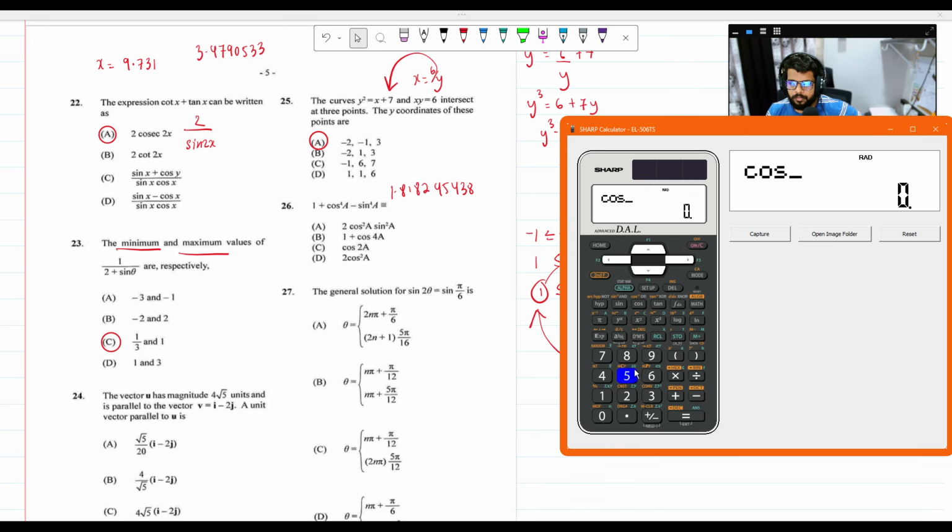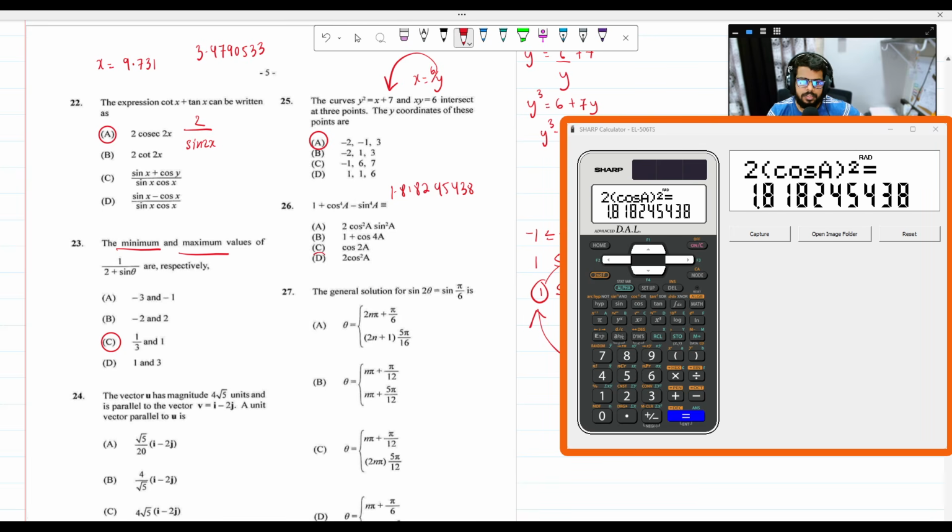Cosine 2A, 0.81824. Alright, so it's not that. It's obviously 1 point. And cosine 2A also, 2 open brackets, cosine A all squared, 1.818245438. So D is the answer.